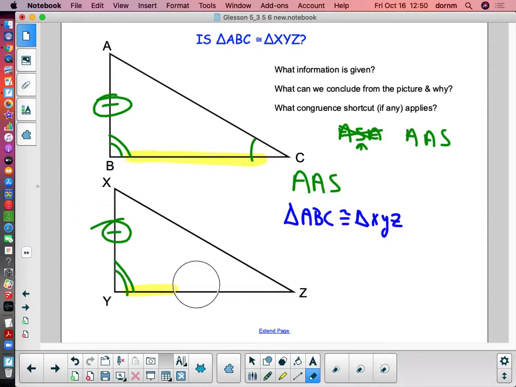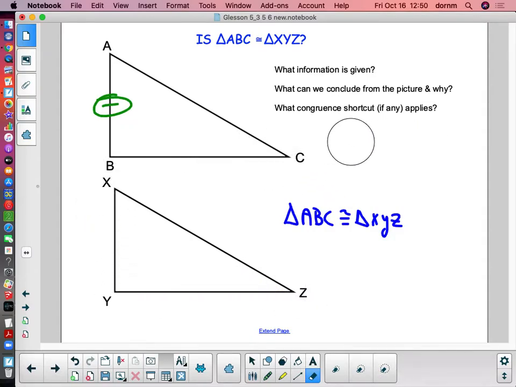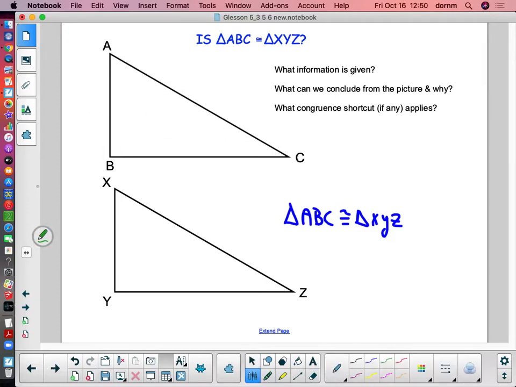Let's try again. Okay. A right angle here, right angle here, another angle here, another angle here. Now, which shortcut do I have in this case?